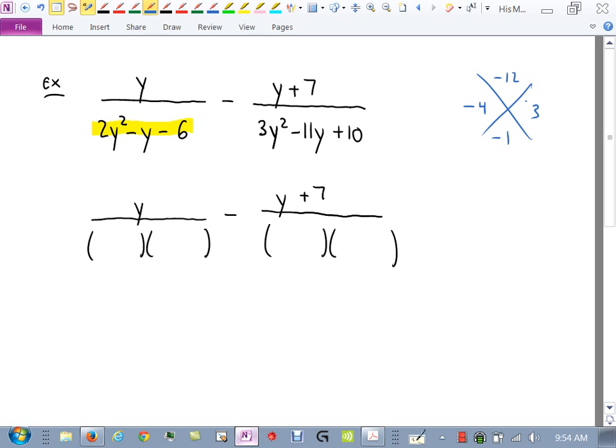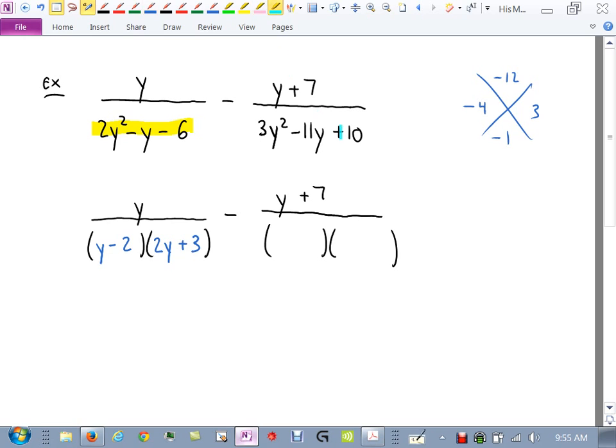And then you go through your grouping on that, and you should get y minus 2, 2y plus 3. Let me just double check this. Y times 2y is 2y squared, and the middle is negative 4 and 6. Okay, so that works. So I'm not showing the rest of that, right?